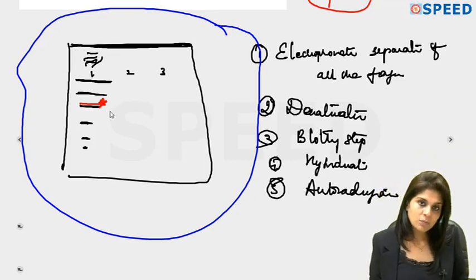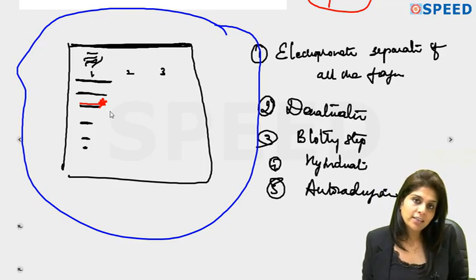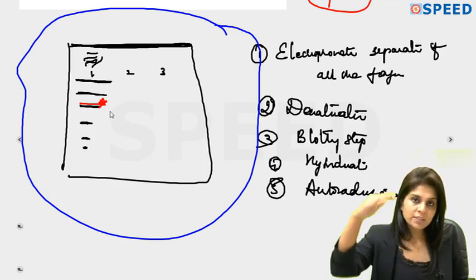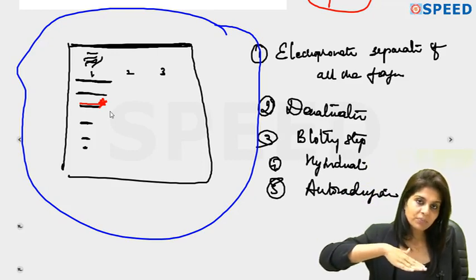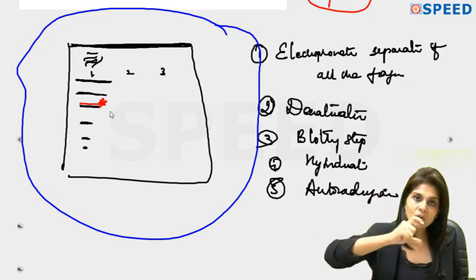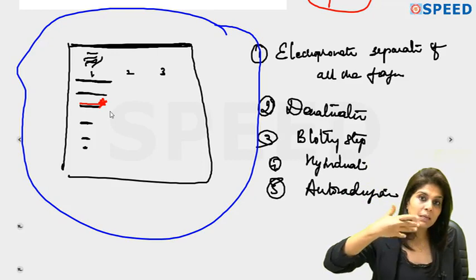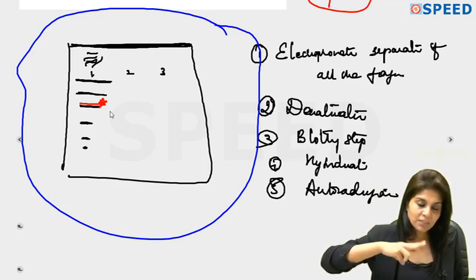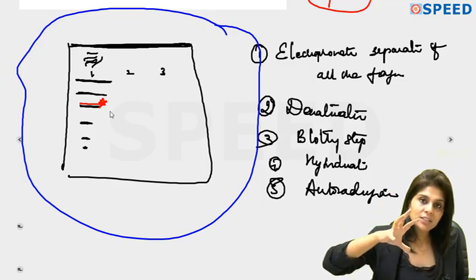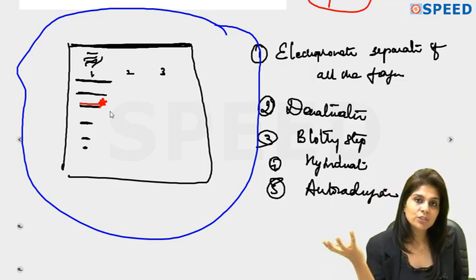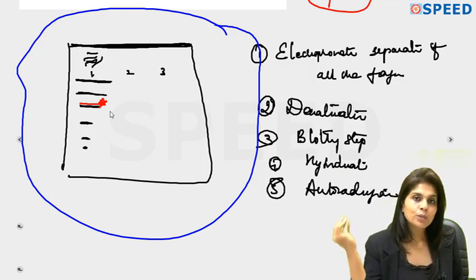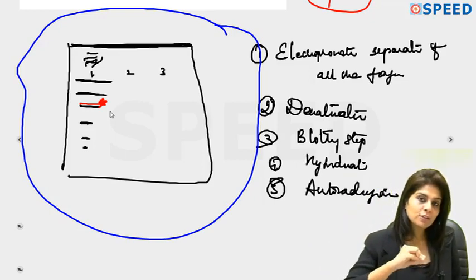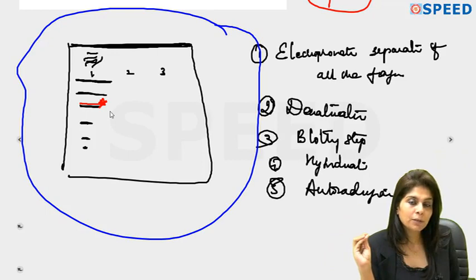So what are the steps involved in the hybridization or blotting technique? The first step is you separate all the fragments based on length by electrophoresis. Next, you denature all the fragments so that the probe will be able to hybridize. So the second step is denaturation. The third step is you take the gel and you blot it on a nitrocellulose paper. So this is called the blotting step. And then you dip the nitrocellulose paper in a solution containing radiolabeled probe.